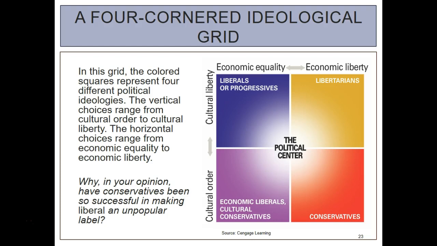Here's a little bit more about that grid I was telling you about and the book is talking about. You know, we go back to the idea of economic equality versus economic liberty. Basically, if you have money, you want to keep money. And if you don't have it, you want it. And there's no other way to say it.